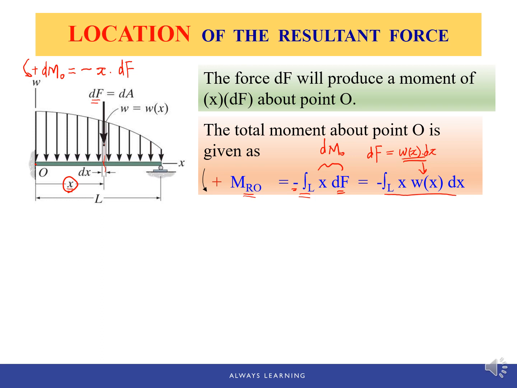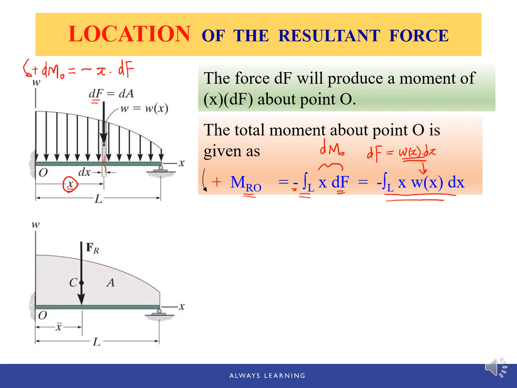So if we're going to replace this distributed load with one single force, this force should also create the same moment about this point O. So let's take a look at this resultant force. We just got the magnitude of this resultant force, right?